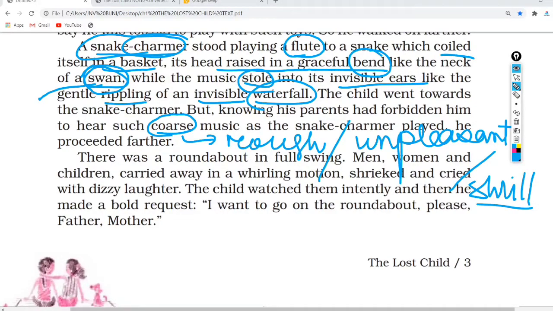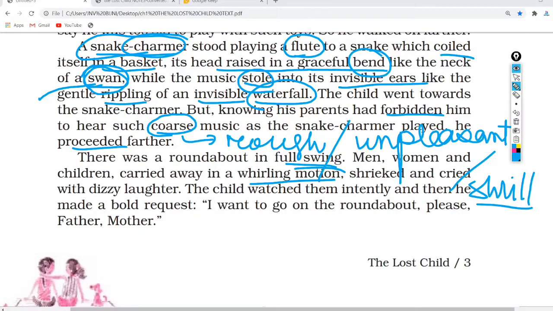And just by knowing that he was forbidden, that he was asked not to listen to that music, he proceeded further. He moved further. There is a roundabout in full swing, full movement. Men and women, children carried away in a whirling motion, shrieked and cried with dizzy laughter.